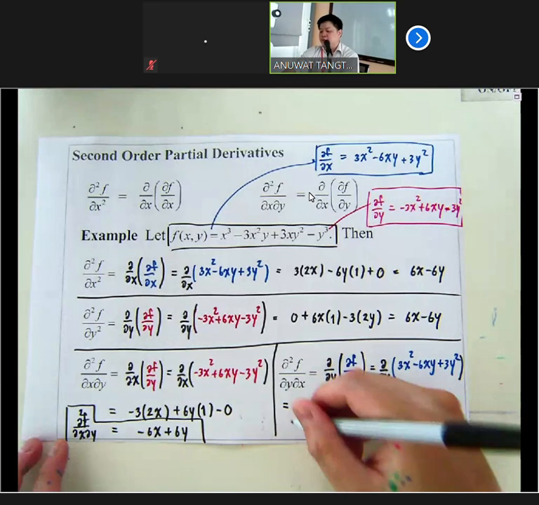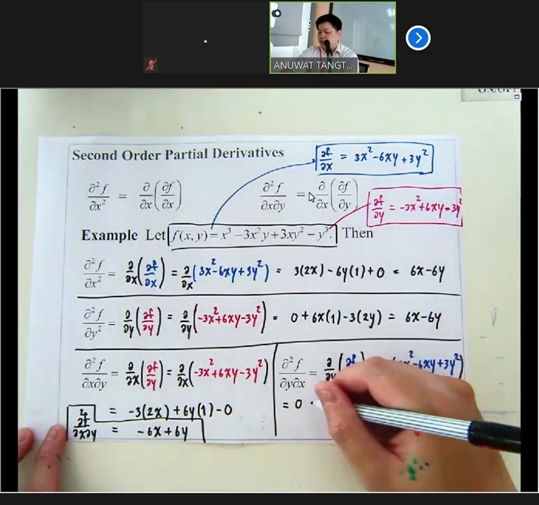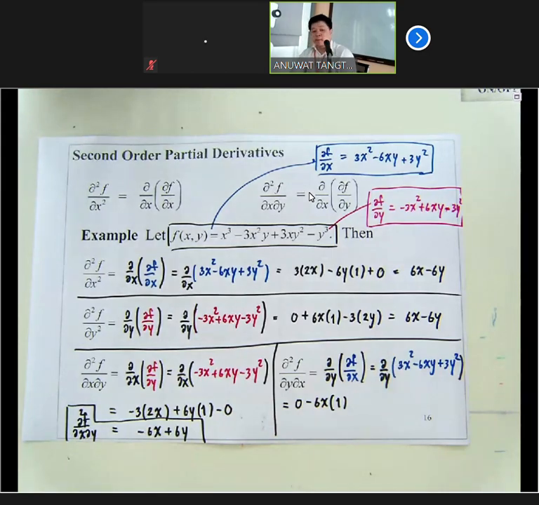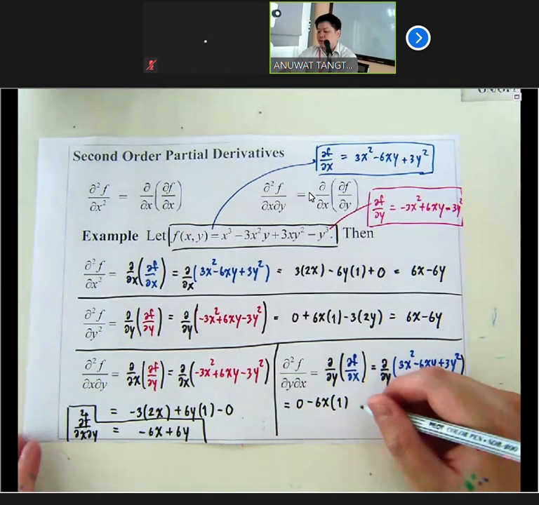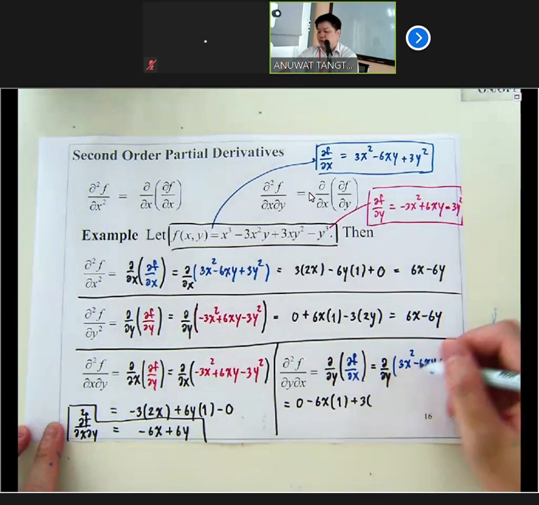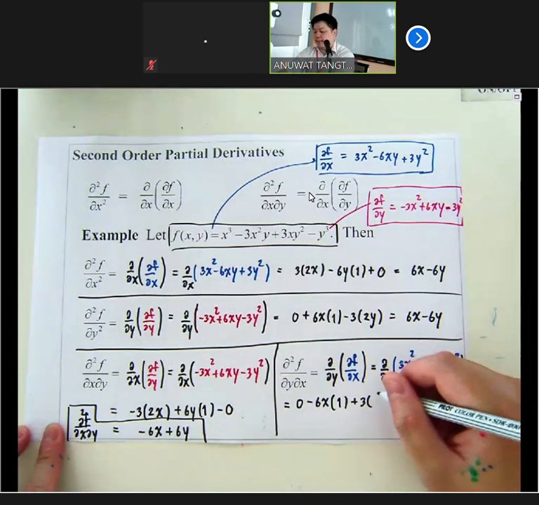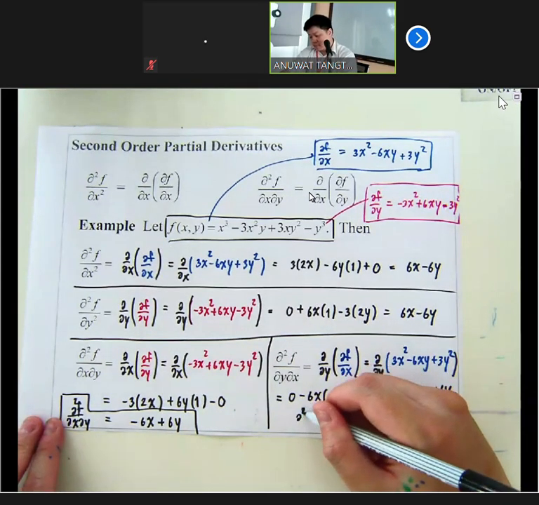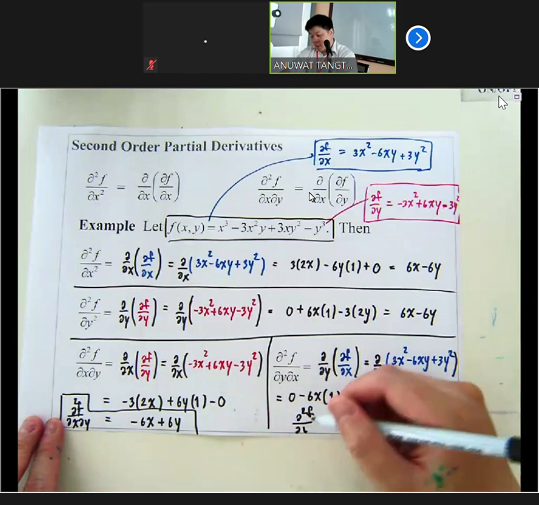The first term is 0. The second term, we can take 6x out, dy by dy becomes 1. And lastly, the derivative of y squared becomes 2y. So that becomes, again, minus 6x plus 6y. dy dx.